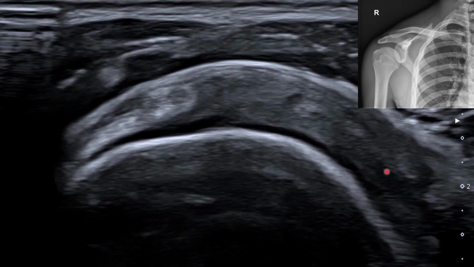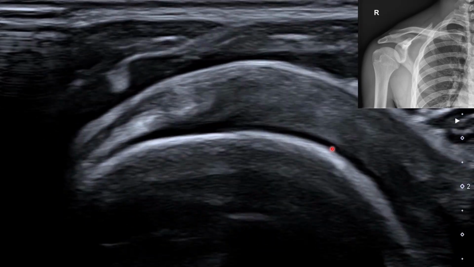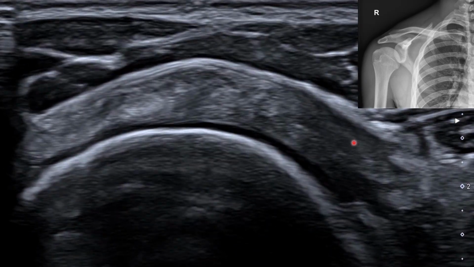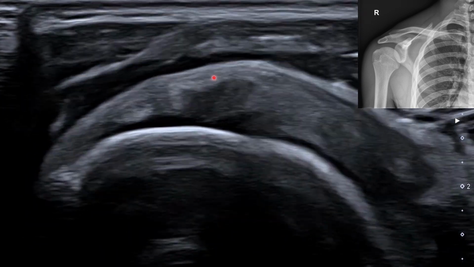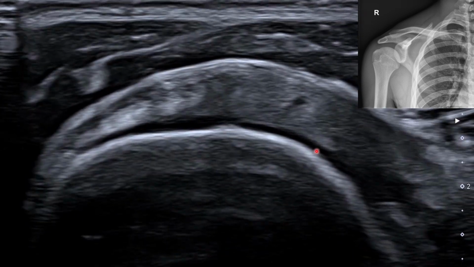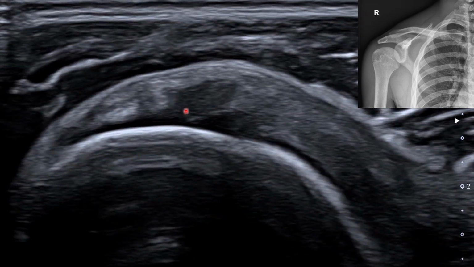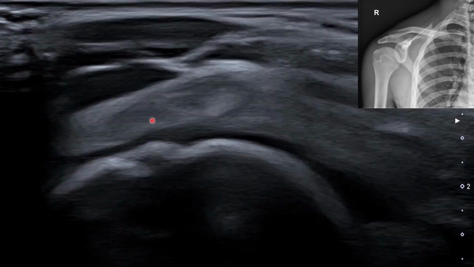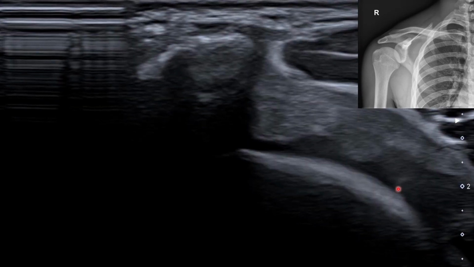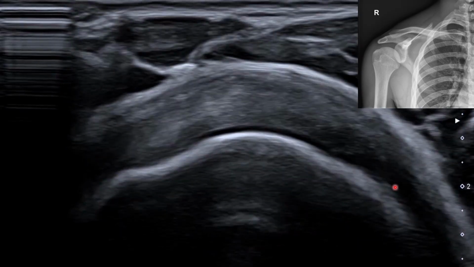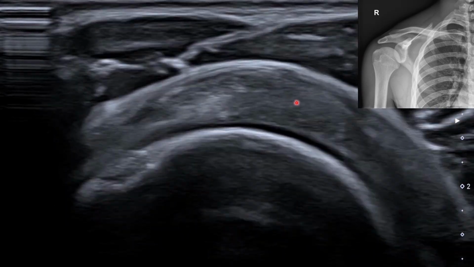This looks very okay. The supraspinatus tendon looks fine. I need your comments if you can appreciate what is happening there, if you are seeing anything else that I did not see according to my own assessment. The supraspinatus tendon looks fine.